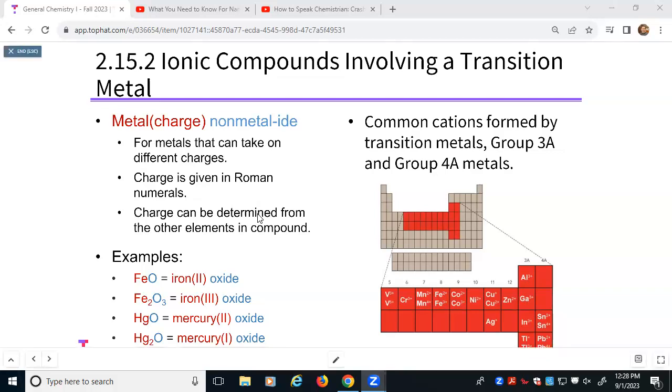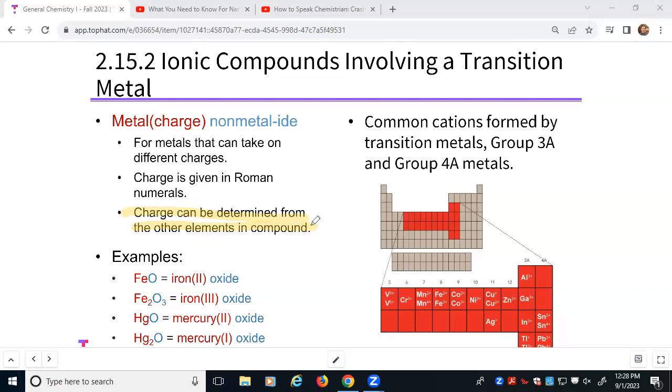Now, the key factor here, the thing that we really want to look at, is this idea right here. If I am given just the compound formula and not its name, I can determine its charge based on the other things that are in the compound.